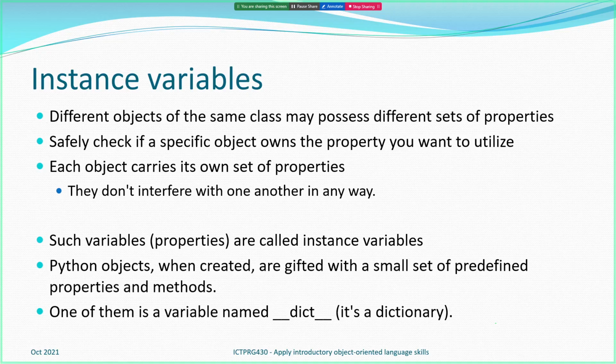Now, we want to be able to ensure that these properties are member of the object before we utilize them. Each object's properties are its own, so they're associated with the object.